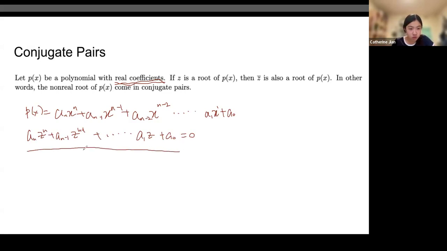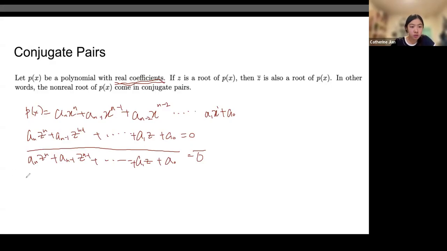So we have the conjugate of a of n c to the n plus a of n minus 1 times c to the n minus 1 plus a of 1 c plus, I should put a plus here, plus a of 0 is equal to 0 conjugate. And the conjugate of 0 is just 0.